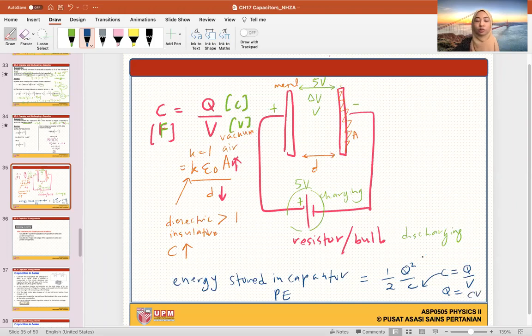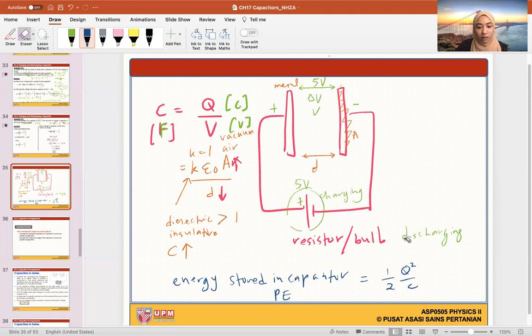So substitute Q with CV, and you will get C squared V squared over C. So depending on what you want to eliminate, depending on the question. Don't eliminate randomly and then be unable to answer the question. You have to look at the question.